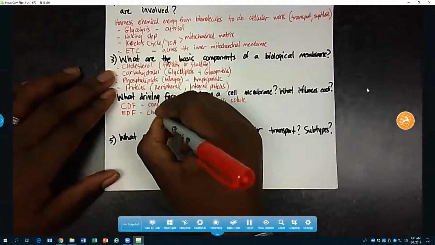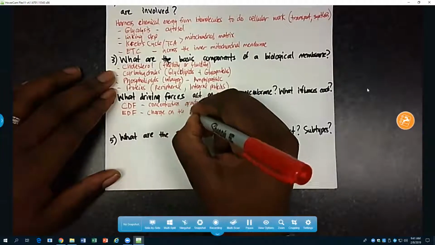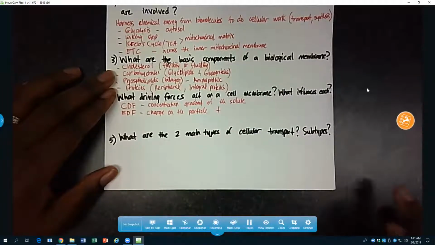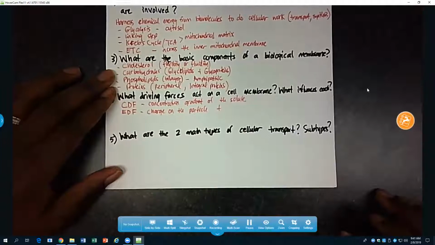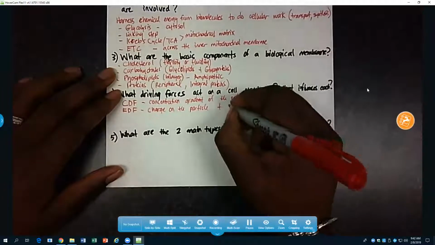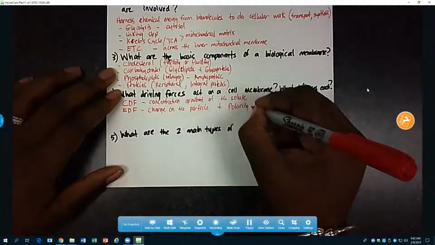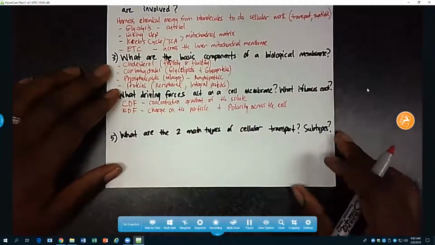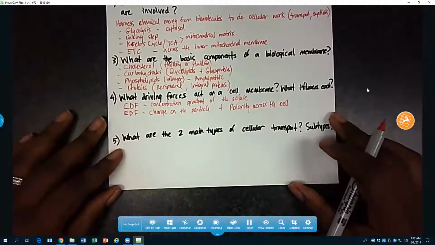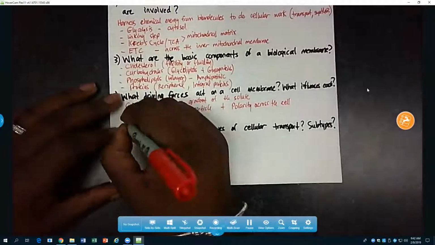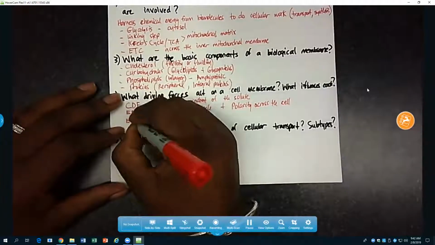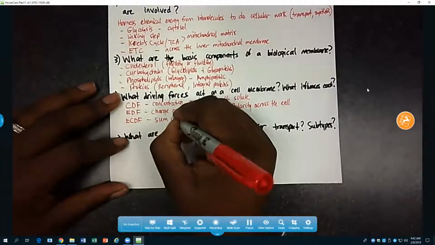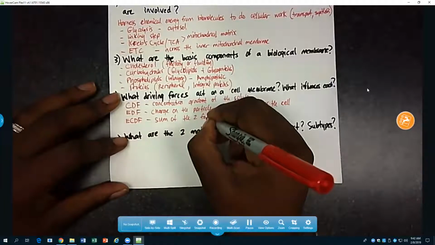So the charge on the particle, the charge on the particle in question, as well as the polarity across the cell. So the polarity across the cell, okay? Which is essentially the membrane potential. And then we also had the combination of both of these, which is the electrochemical driving force, which is basically the sum of the two forces.